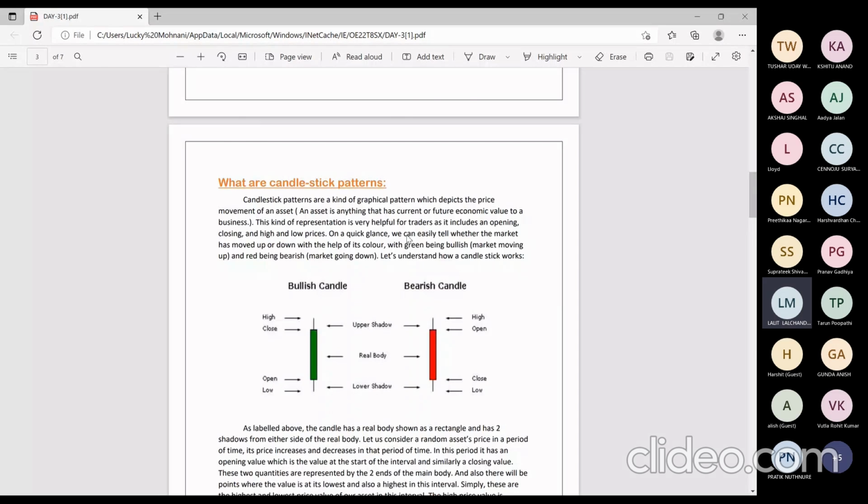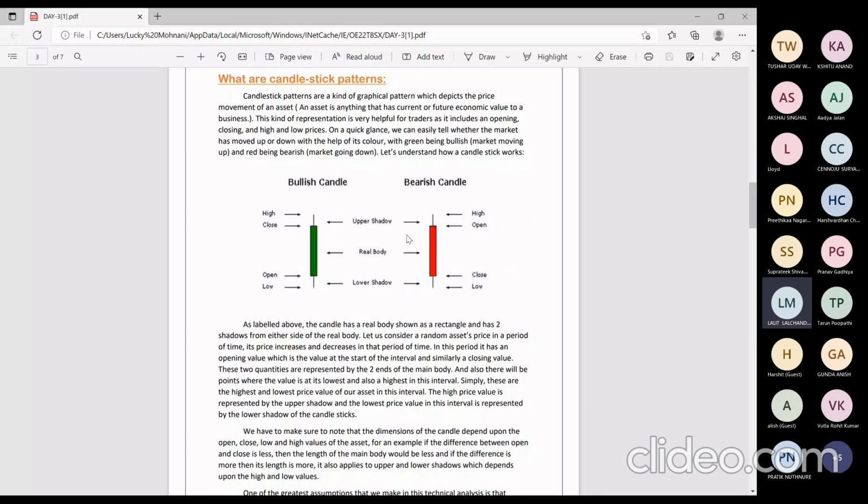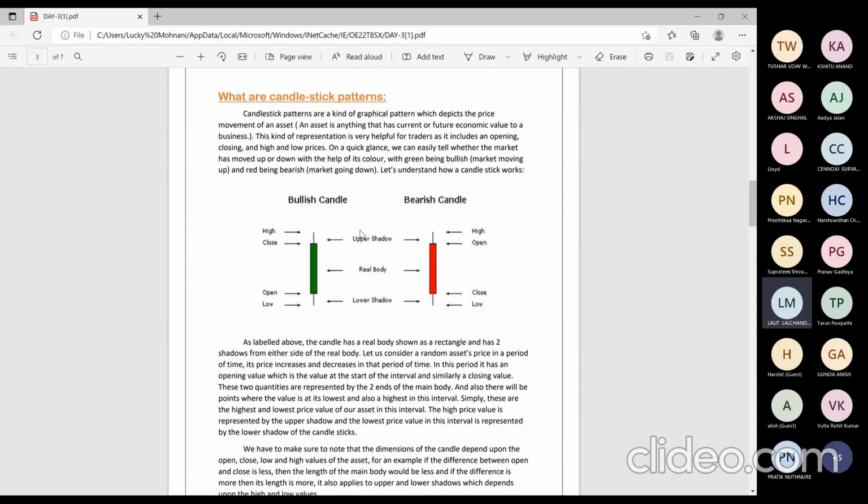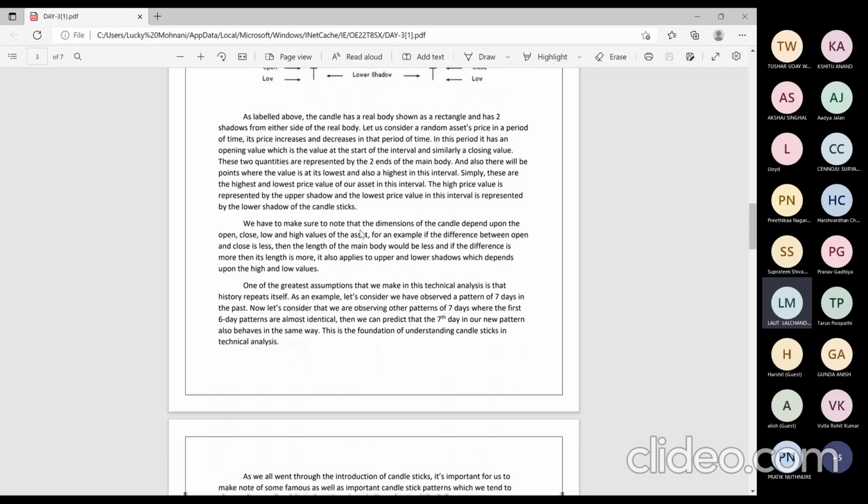So today, day three, is the first day we start learning technical analysis. As Bhaiya told, we know basically what a candlestick is. It's just a representation of transactions happening in the day. In a bullish candlestick, the green part, or real body, indicates the open and close of the market, and the shadow indicates the highest and lowest points reached during the day.